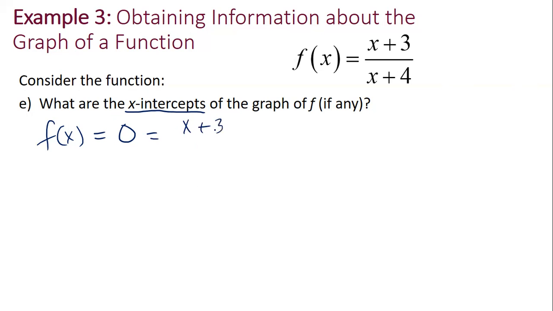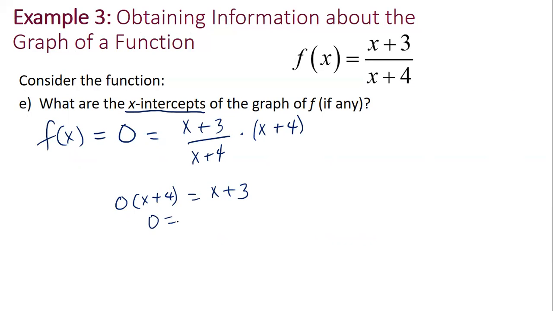So x plus 3 over x plus 4. So in this case, again, to get x out of the denominator, we would multiply both sides by x plus 4. But anything times 0 is going to be what? 0. So I'm going to be left with, if I have 0 times x plus 4 equals x plus 3, that's just going to leave me with 0 equals x plus 3.